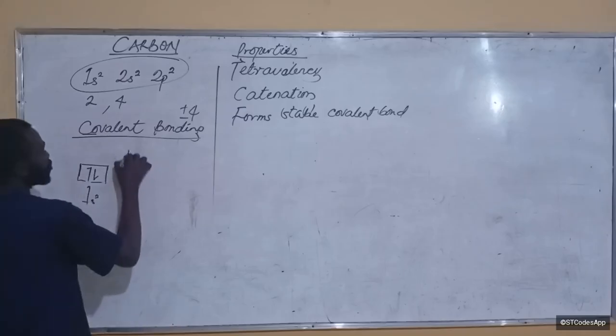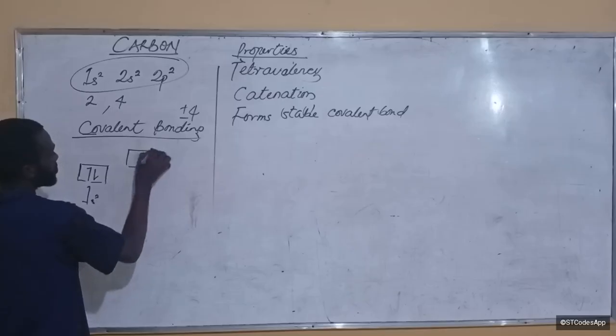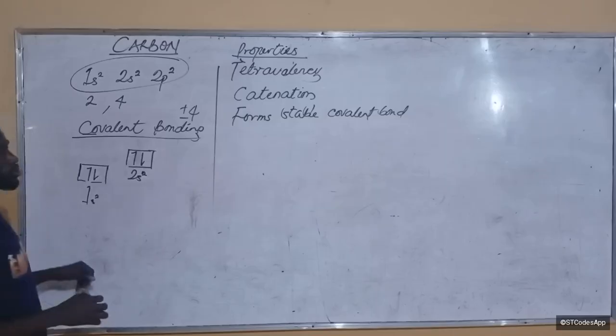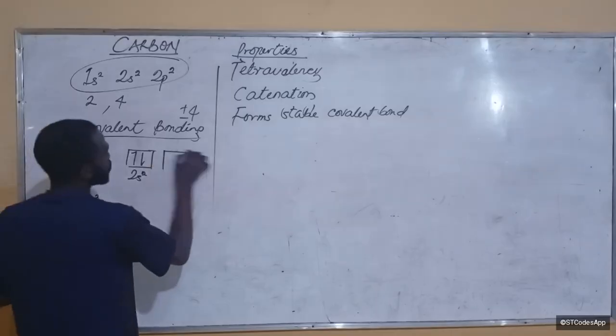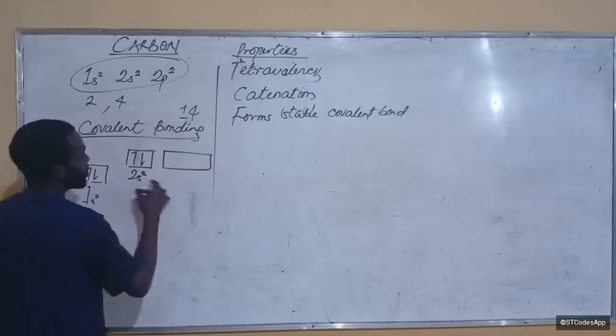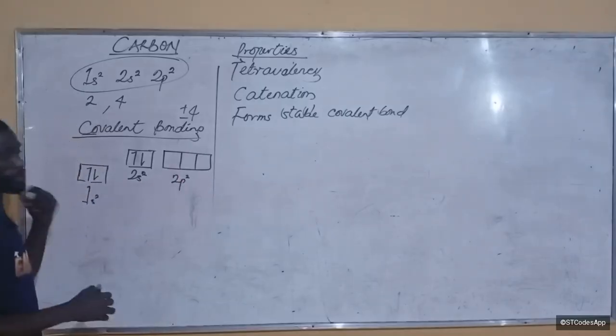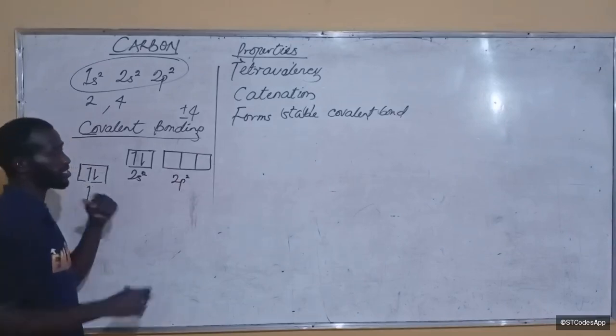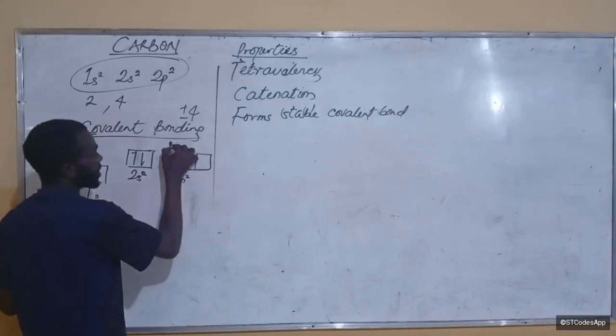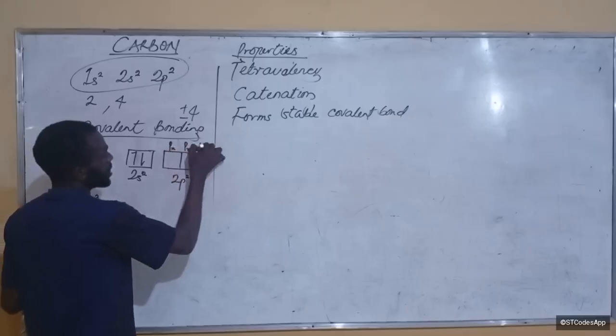For the 2s orbital, we have 2s2, so it means two electrons with opposite spins also. Then for the 2p orbital, we have 2p2 actually, and we know that the p orbital is degenerate, that is split into three, which are the px, the py, and the pz.